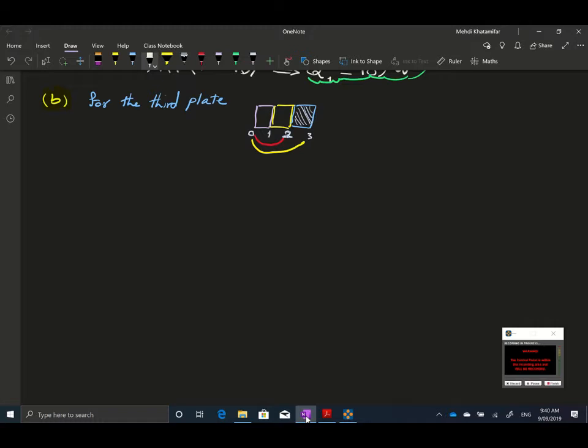So let's find for the second plate. What is the Reynolds number for the second? It is going to be velocity times length for the second one divided by nu. Velocity was 2 meter per second, second one is 2 meter, and nu was 1.448 times 10 power minus 5.